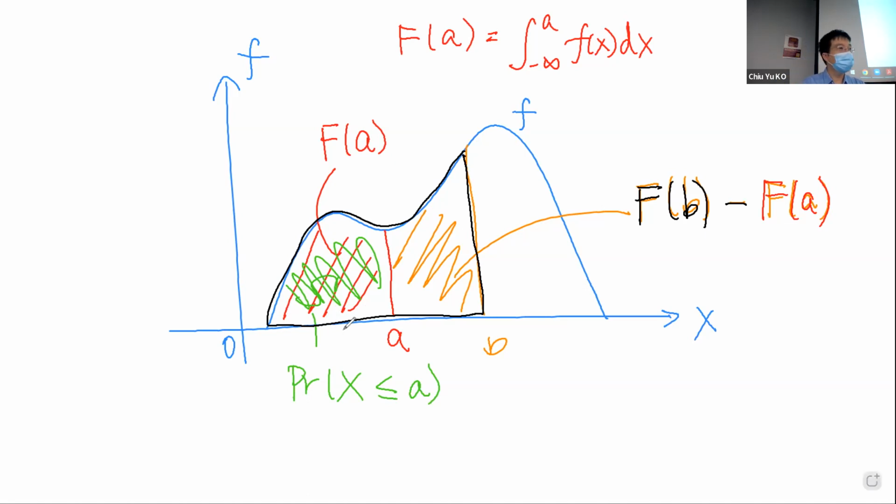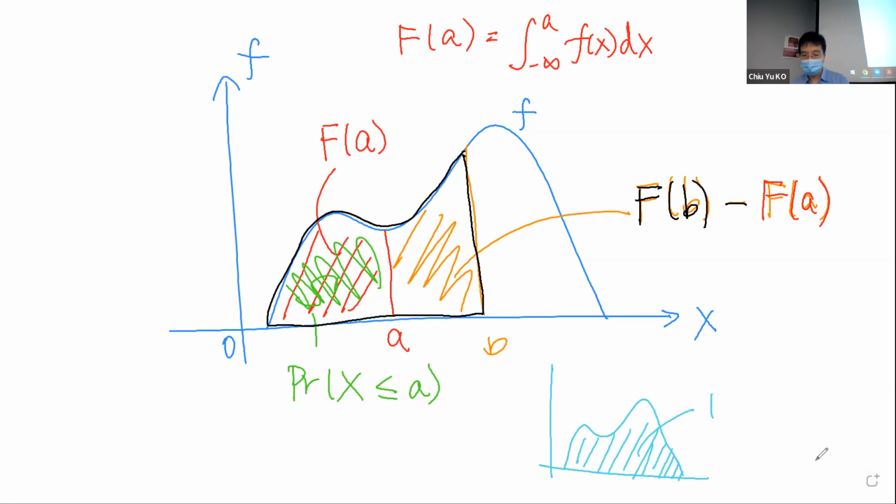So this whole area must be 1, because the area is the probability of every point possible, and probability is at most 1, you cover everything. That means the area to the left and the right will just differ by 1.